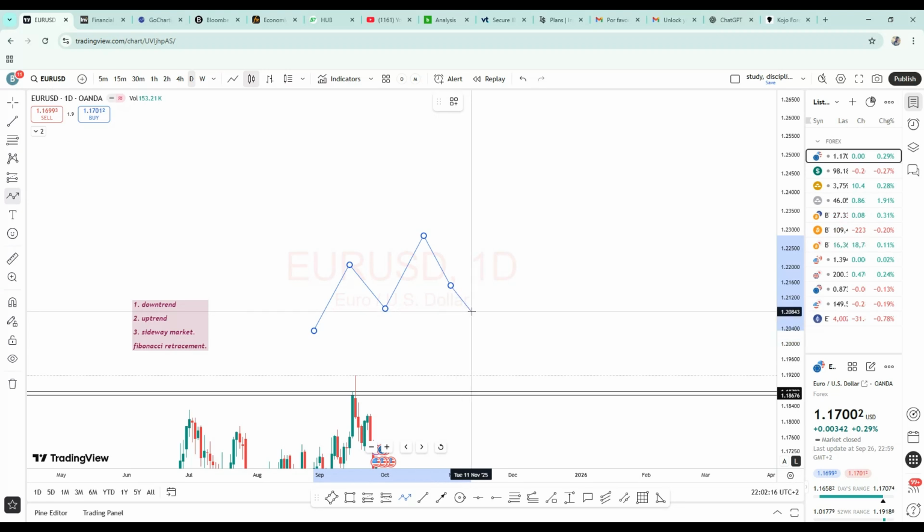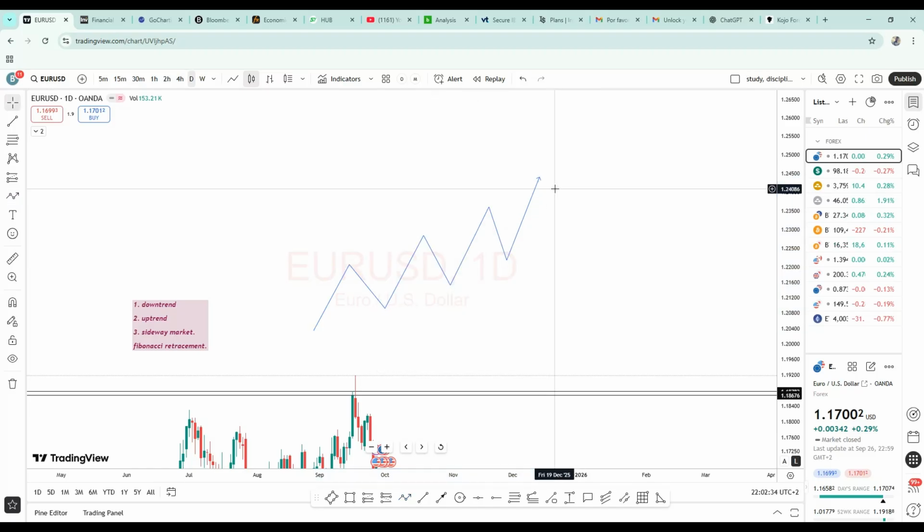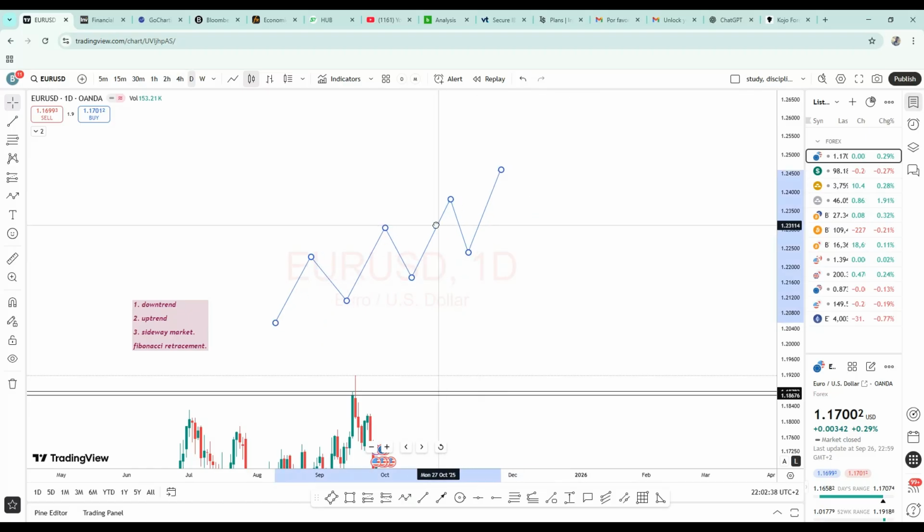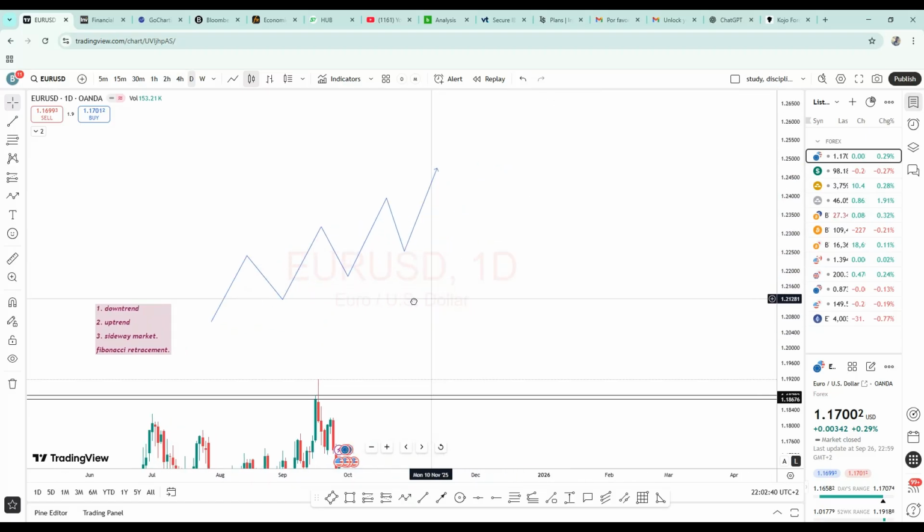So this is exactly how it moves. The high will keep breaking to a new high, make a retracement, break and hold, creating a new high. That is what we call an uptrend.